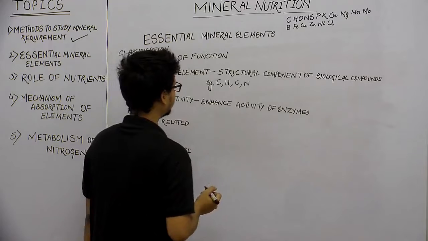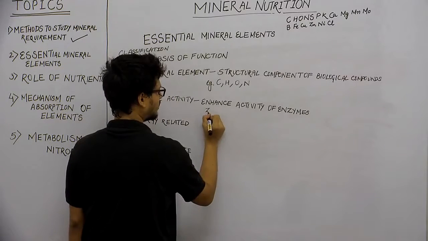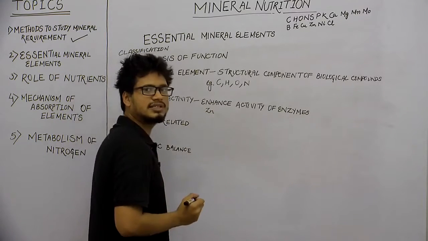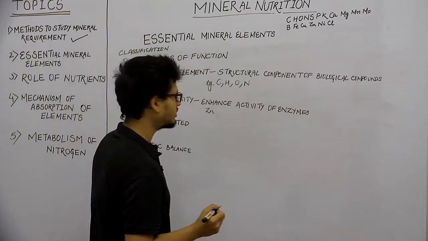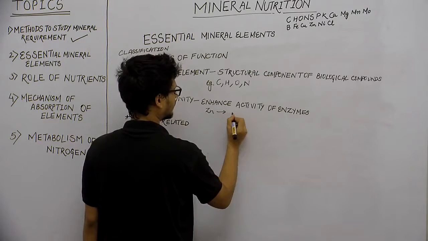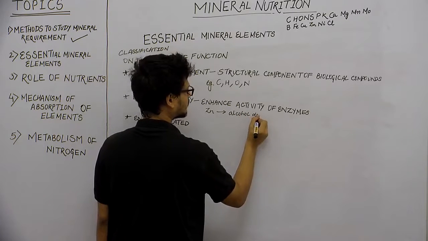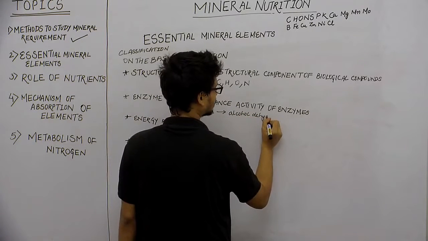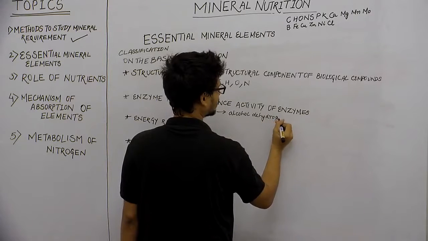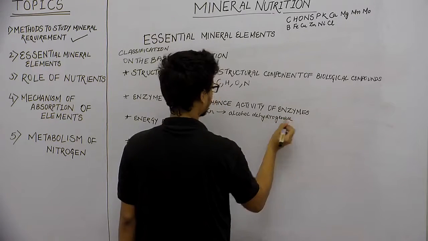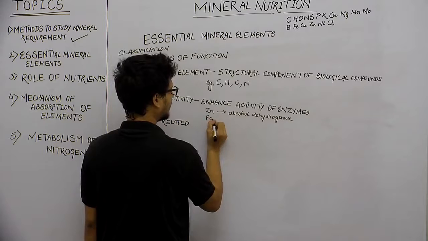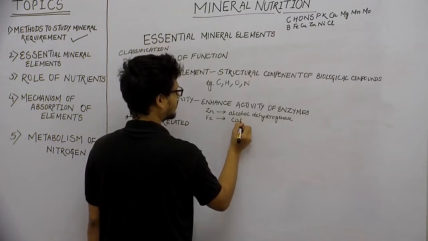Examples: we have zinc. Zinc is an activator for alcohol dehydrogenase. Iron is an activator for catalase.